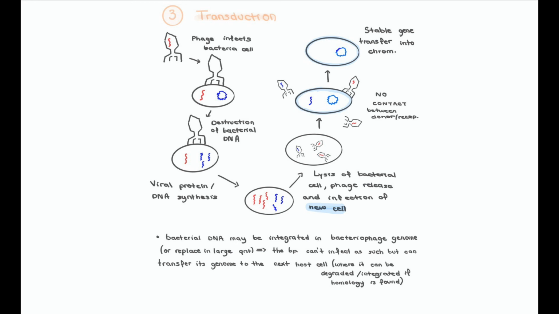So there's a stable gene transfer into the chromosome. As you can see, I drew the dark blue DNA integrating into the chromosome. And that's it. The two bacteria cells never touched each other. It was all through, I guess we could say, the help of the virus.